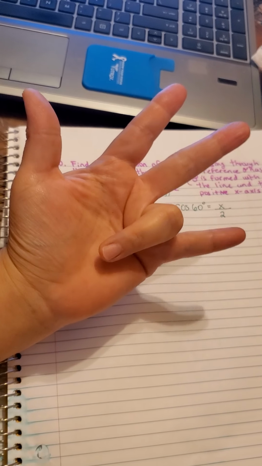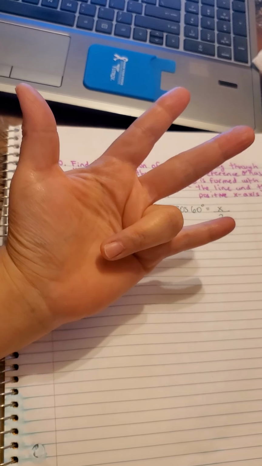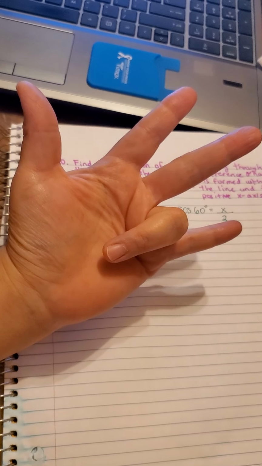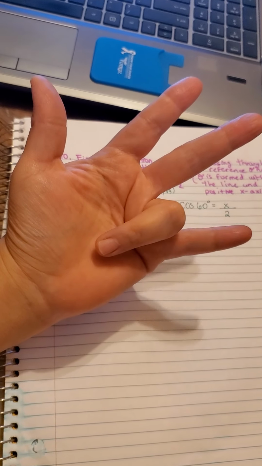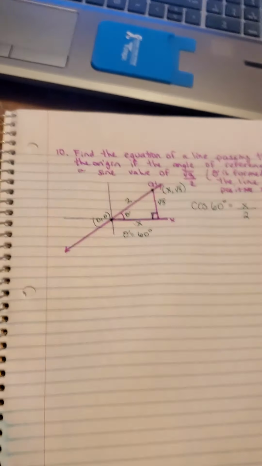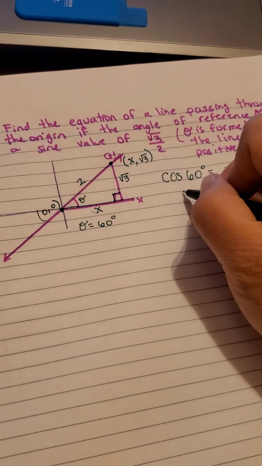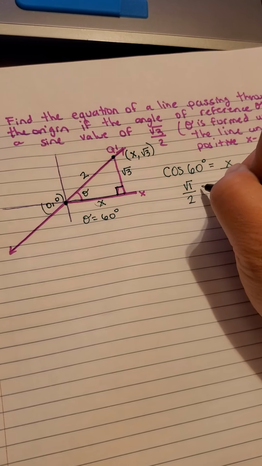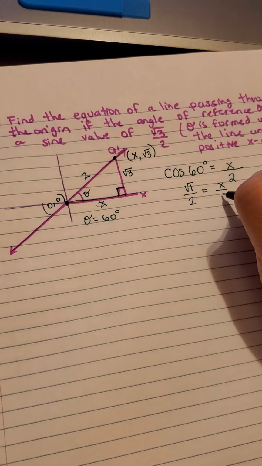So cosine of 60 degrees. Cosine is the fingers on the right of the left hand, right? So then we're going to have square root of 1 over 2. So cosine of 60 degrees equals square root of 1 over 2, which equals x divided by 2.